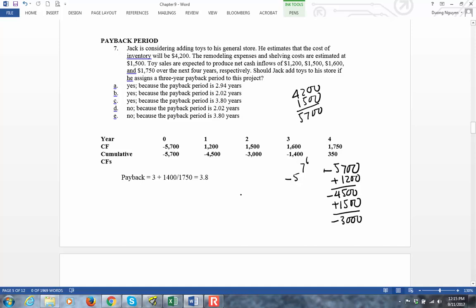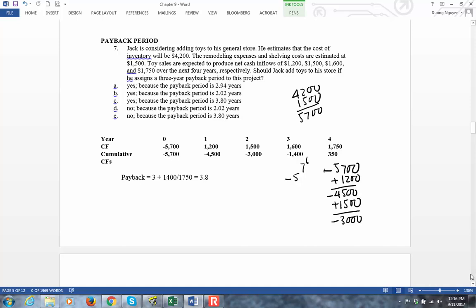What it means is the project has to give the money back within 3 years. But in this case the payback is 3.8, so it takes longer than Jack requires. So the answer obviously is no, because the payback of 3.8 is higher than 3 years.